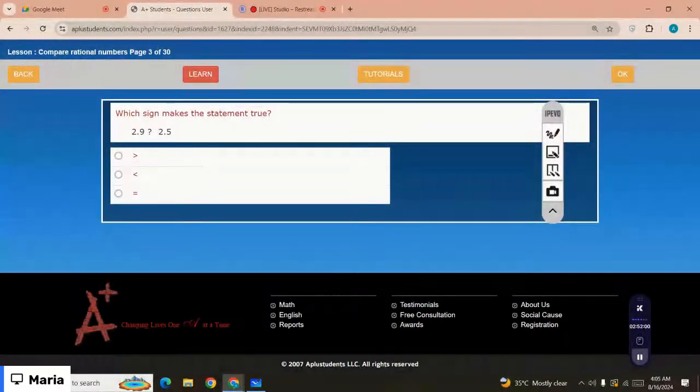The next one is which sign makes the statement true? You have to compare 2.9 and 2.5. So which is the correct option?